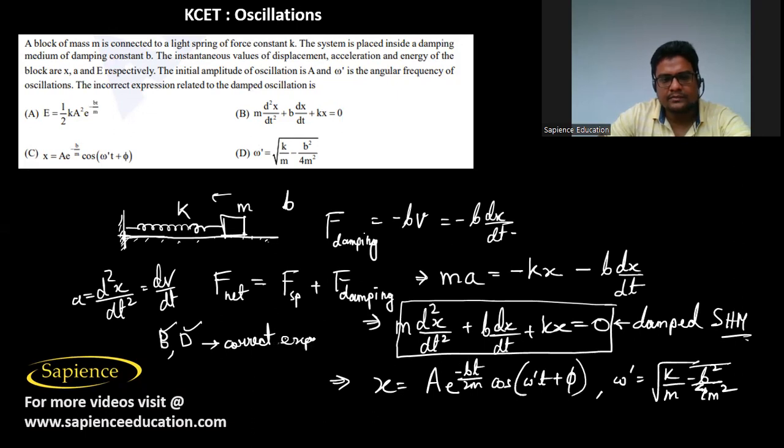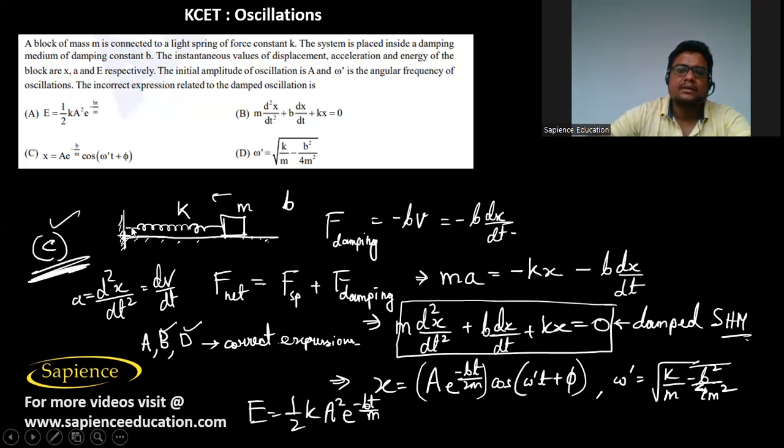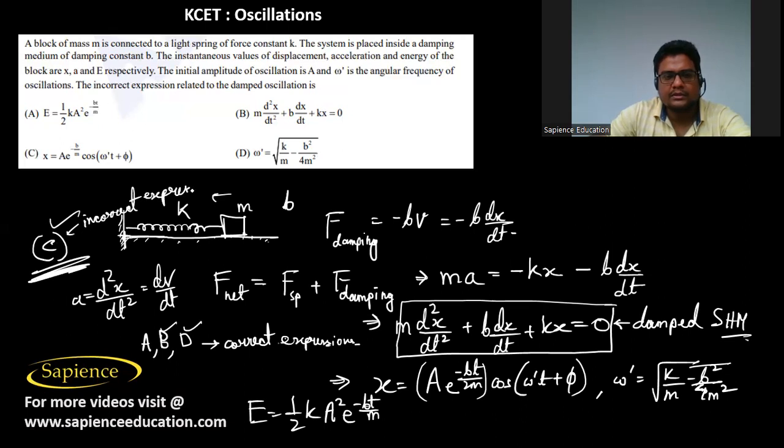The energy is equal to half k a square, where a is this; if we square it, we get a square e power minus bt by m. So option A is also a correct expression. It means option C is the incorrect expression, so option C is the correct answer.